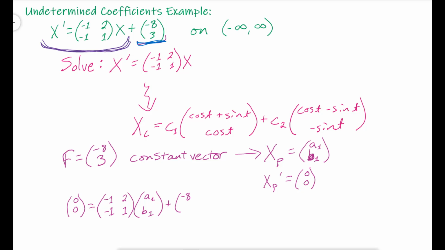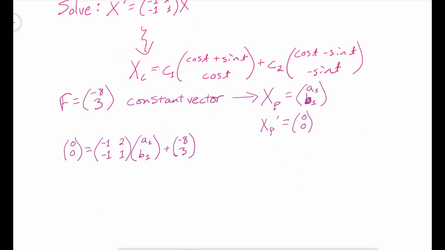So let's do some multiplying and combining. Remember, to multiply a matrix, you go across the row, you go down the column, and you put it where it belongs. So you've got 0, 0 as our column vector that we start off with still. And then we go across the row, negative 1 times a1, top left times the top, gives negative a1.